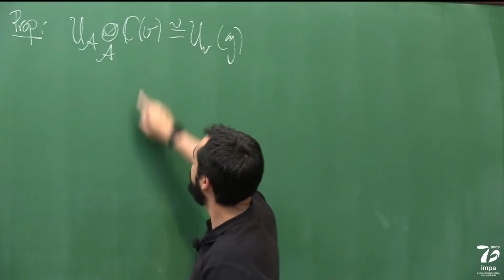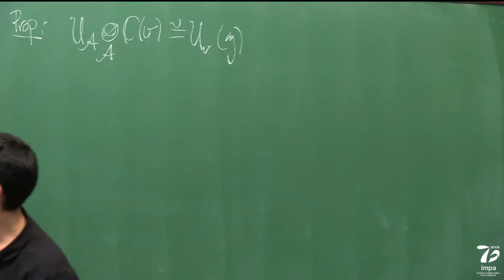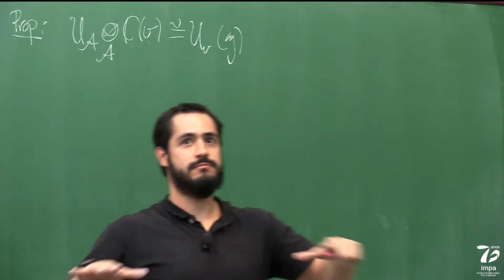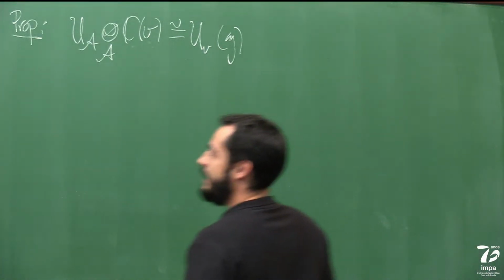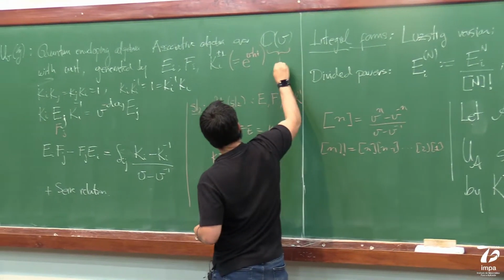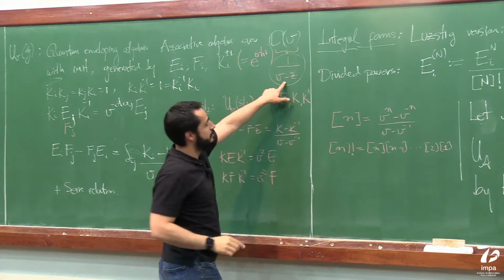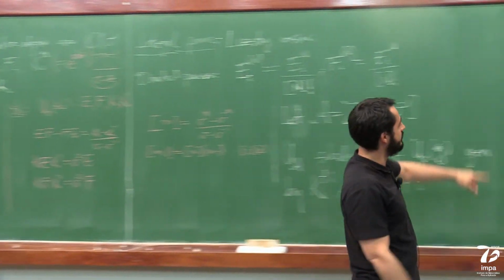Because if I replace this by a number, this is just the complex numbers, but in this ring there are no divisions, nothing happens, so I don't have the troubles, as I told you, of this kind of functions which produce division by 0. So I don't have this in this case.